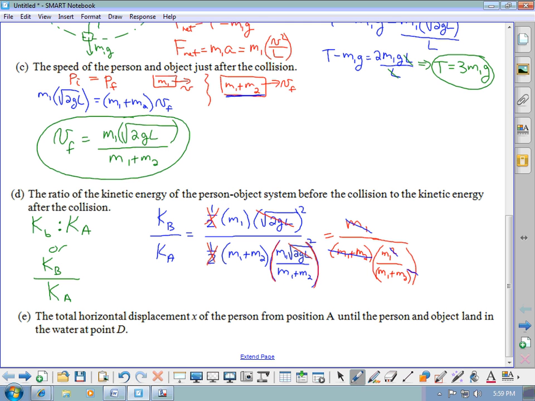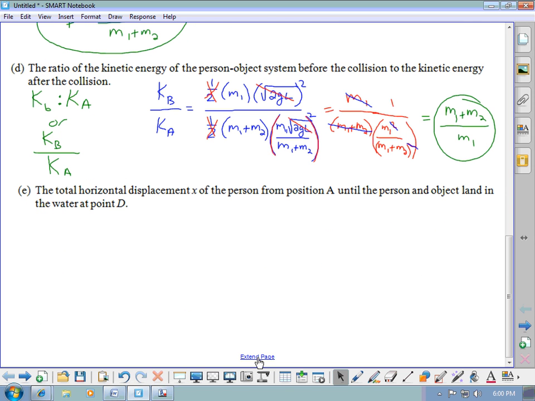So we have 1 over this fraction, which we invert and multiply, and I get m1 plus m2 over m1. Again, if my kinetic energy before the collision is bigger, which it has to be because it lost energy, then I need to get something that's bigger than 1. And m1 plus m2 divided by m1 is something that's bigger than 1.